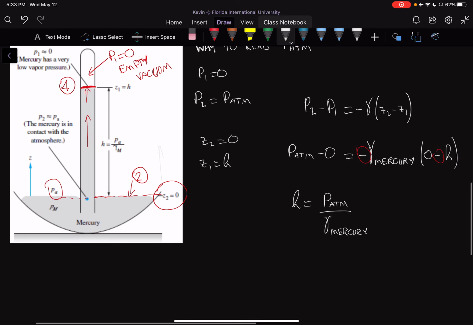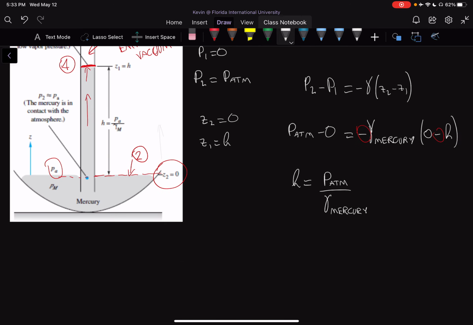And we know that at standard sea level, P atmosphere is usually equal to 101,325 pascals.